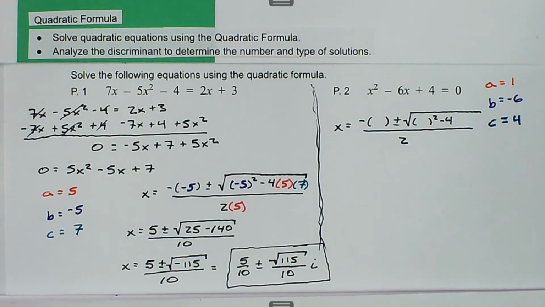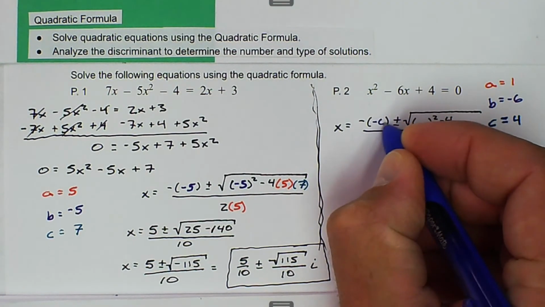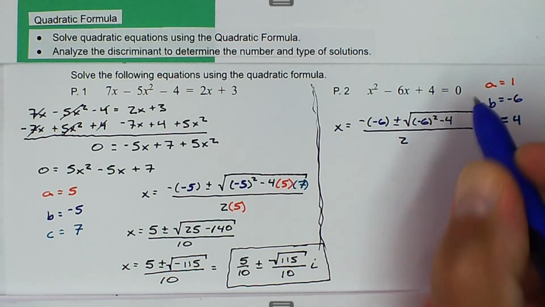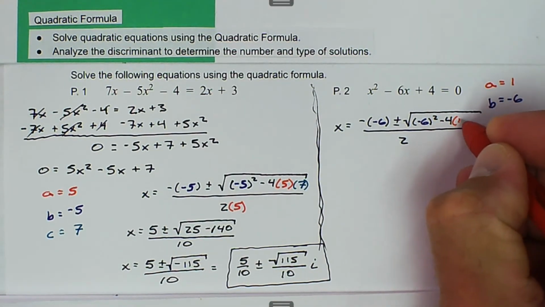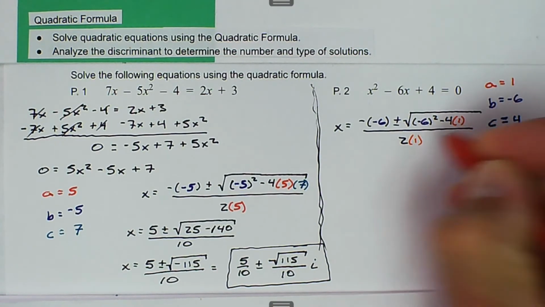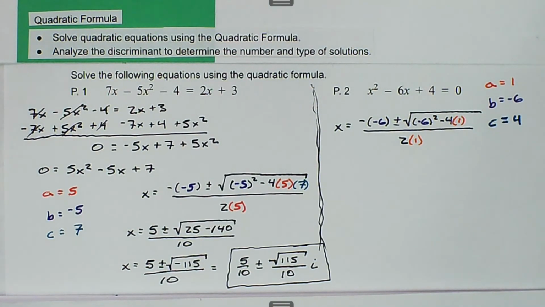So that part of the equation never changes, and we're going to substitute in a -6 for b, and our a value is 1, and our c value is 4.